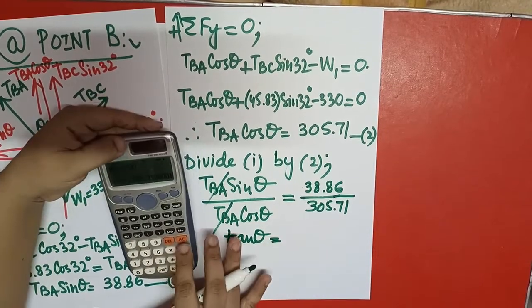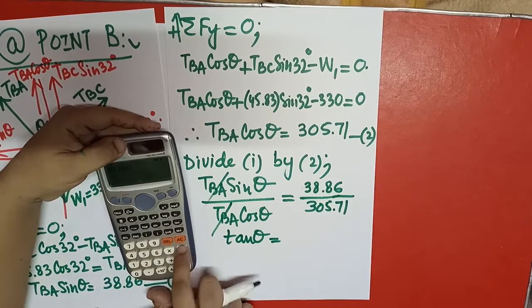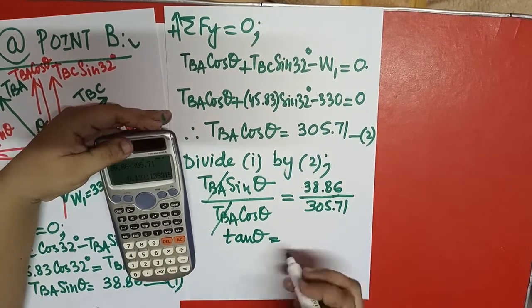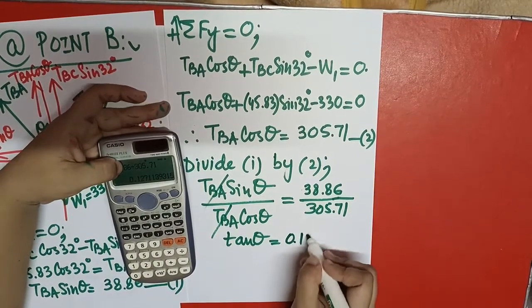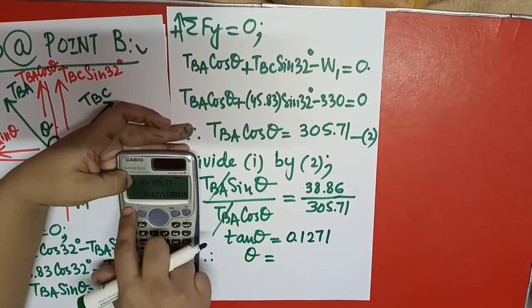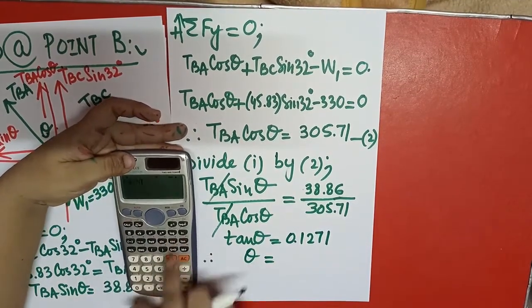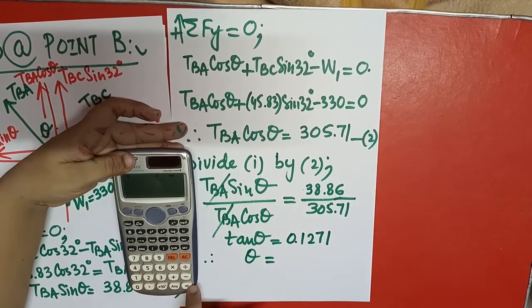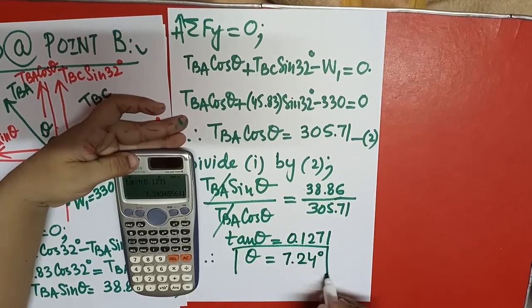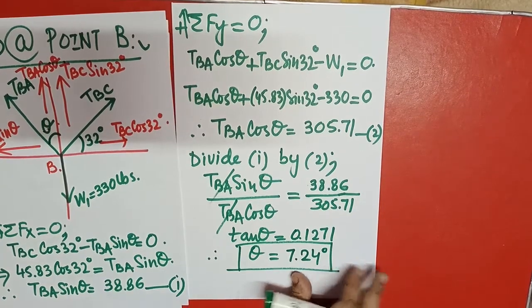Sin upon cos is tan theta. So 38.86 divided by 305.71 gives 0.1271. When I apply tan inverse on this, tan inverse of 0.1271, the answer will be 7.24 degrees. So this will be the angle, 7.24 degrees.